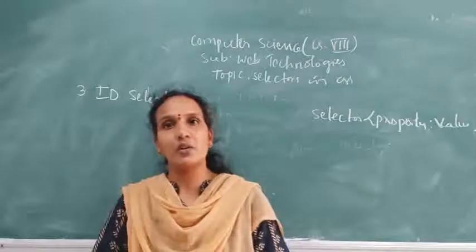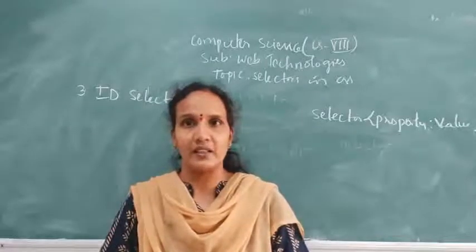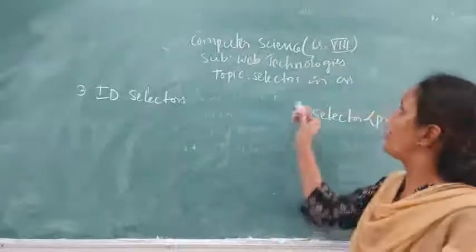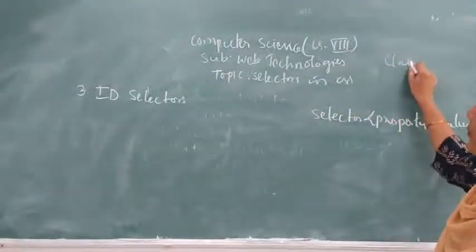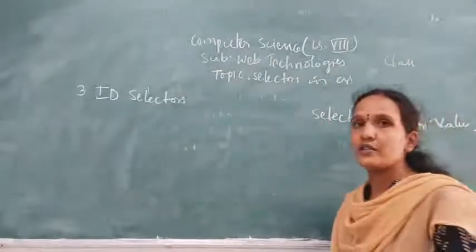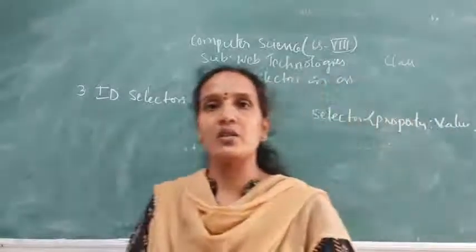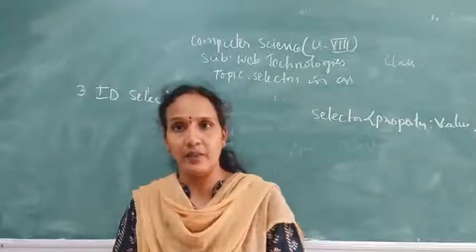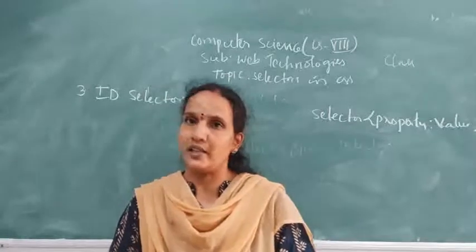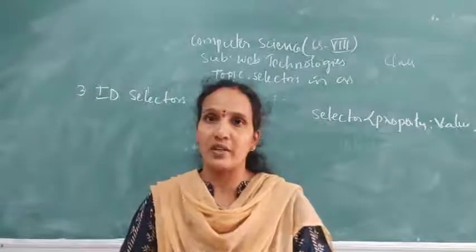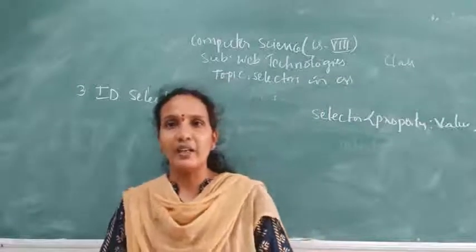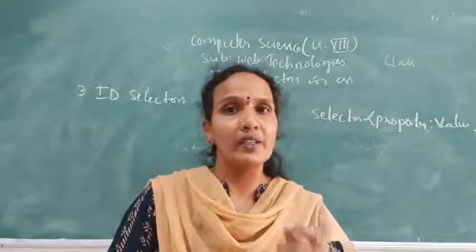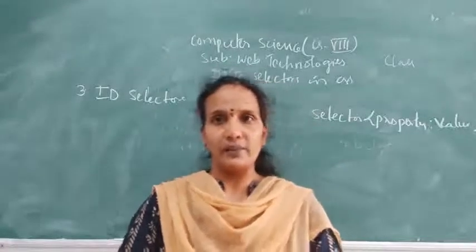This selector is very similar to the class selector, whereas a class selector is used to give properties by using the class attribute, an ID selector is used to apply properties using the ID. If you want to give a unique style to any element, we use the ID selector, because ID means unique. Similarly, ID selectors are used to give a unique style to a particular element.